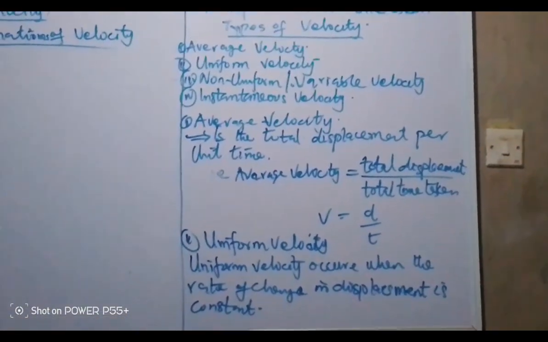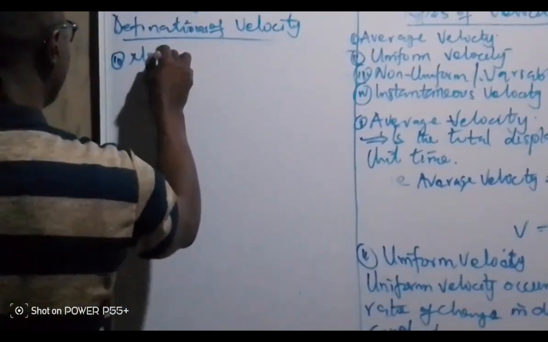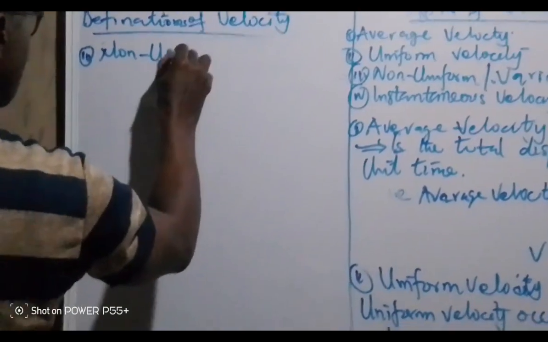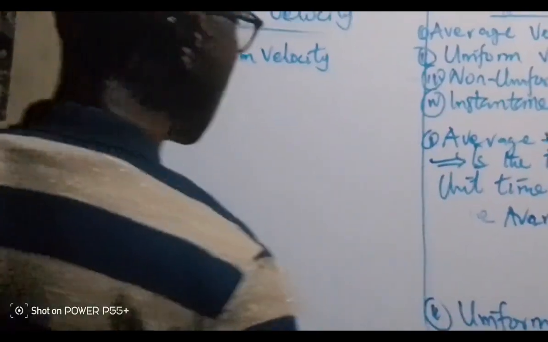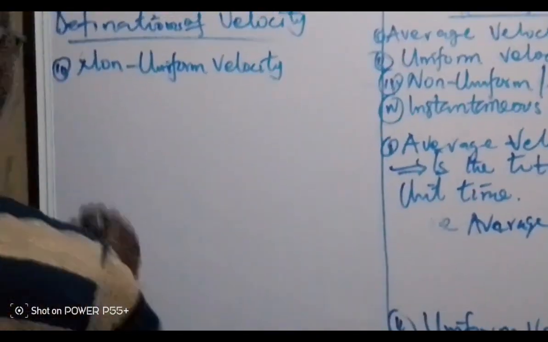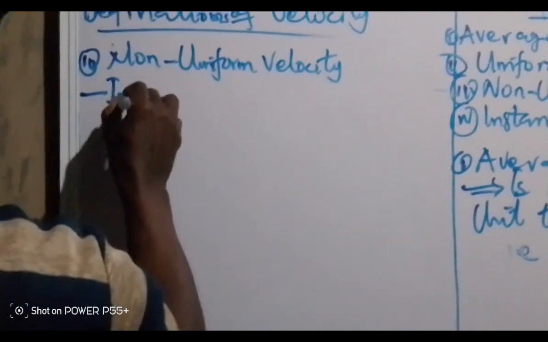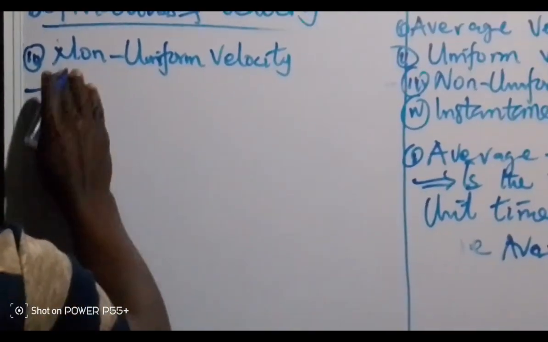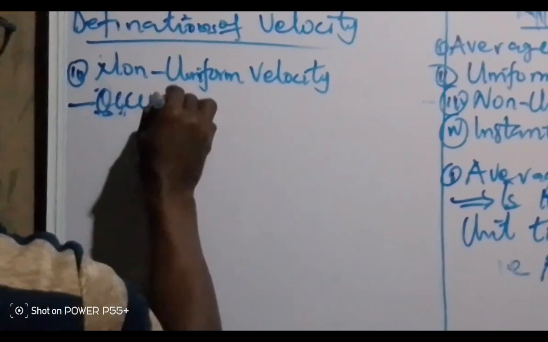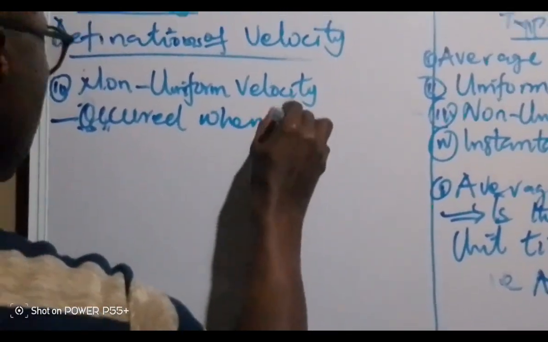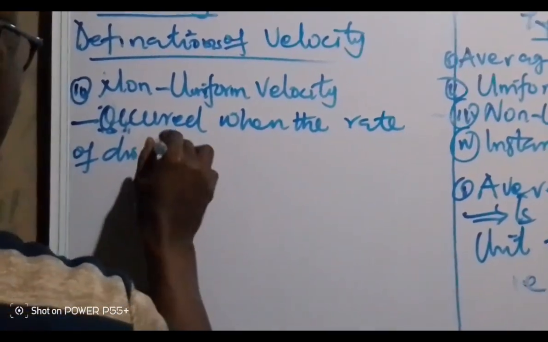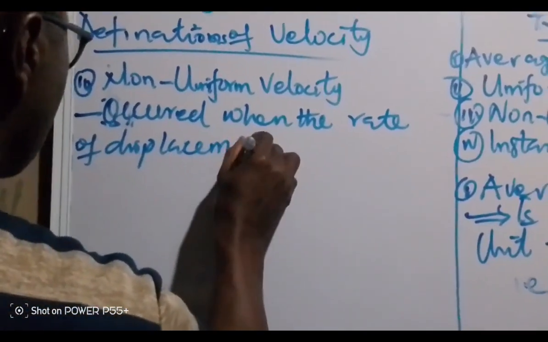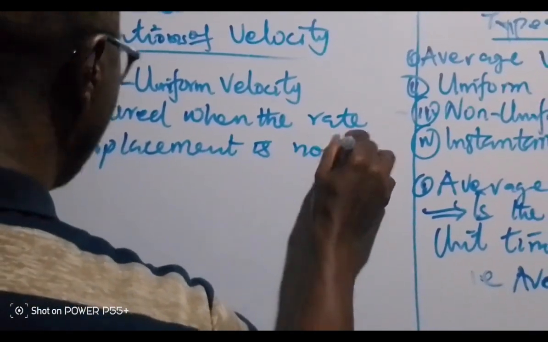Number 3, non-uniform velocity. Don't forget, I said this one also can be called variable velocity. This one occurs when the rate of displacement is not constant.